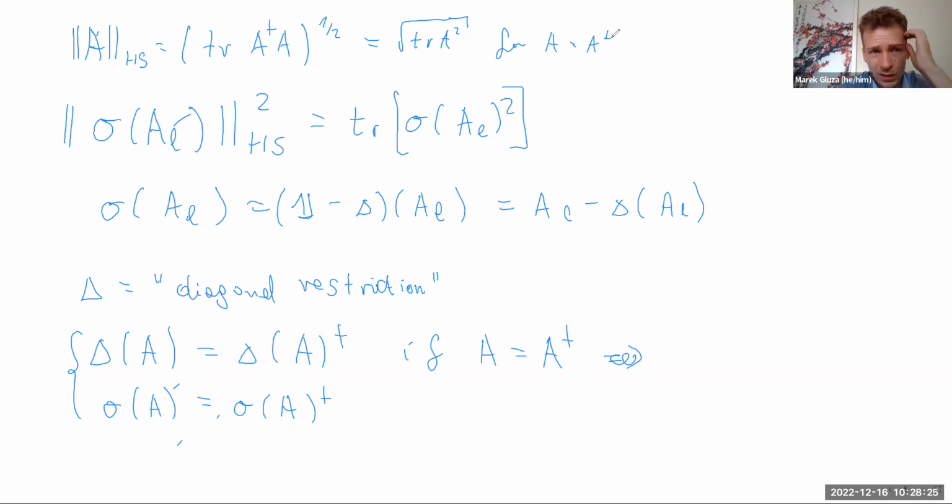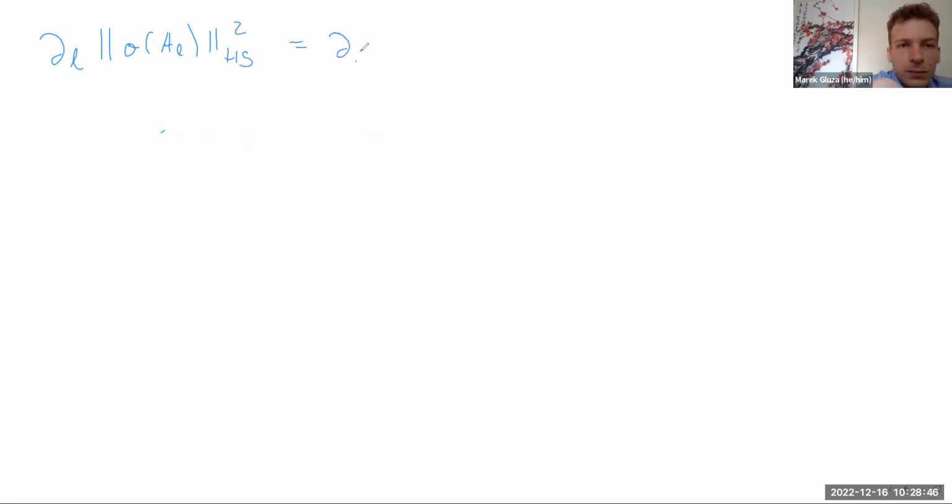Okay, so that's the expression we want to consider, the trace of sigma AL squared. Now I need to be able to take the derivative of the trace of sigma of AL squared.